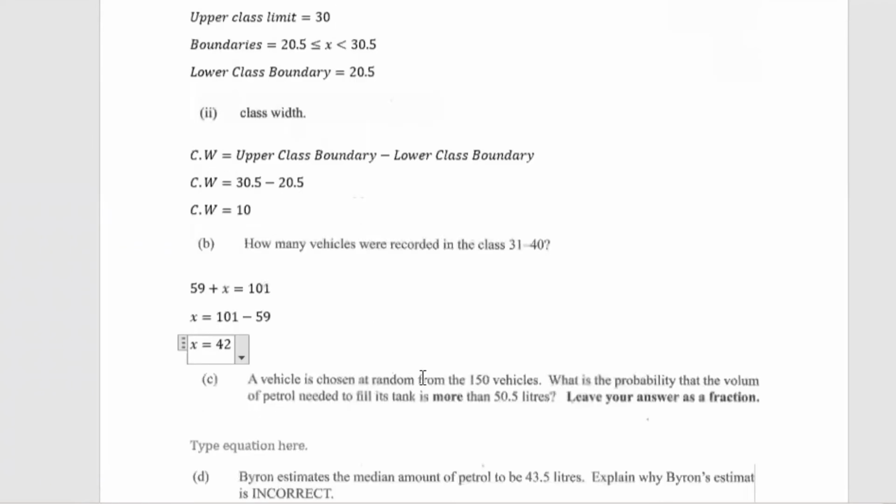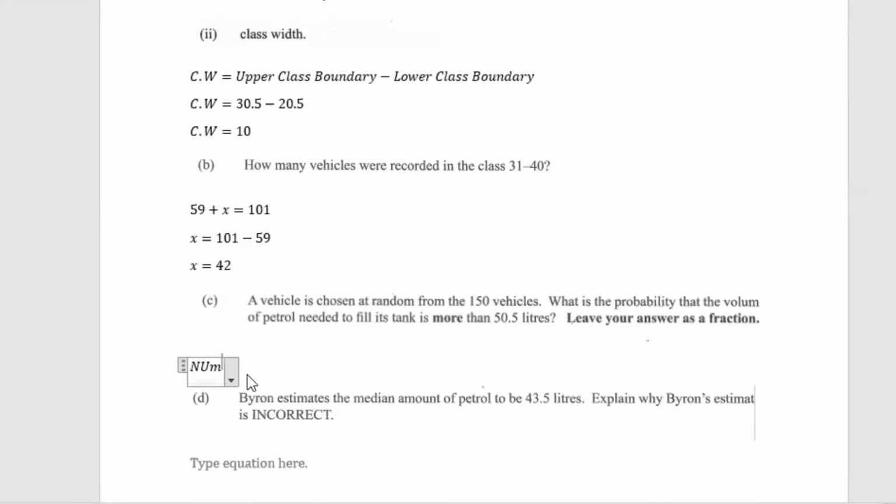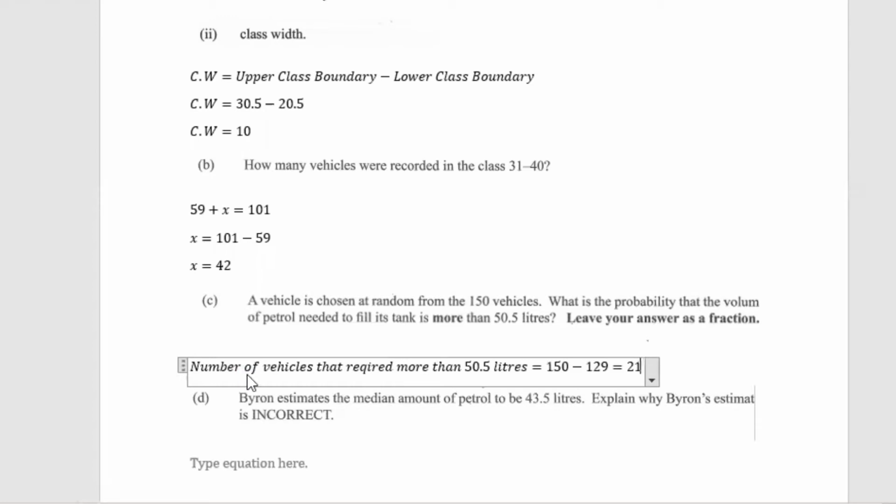So the number of vehicles that required more than 50.5 liters would be equal to, subtracting the cumulative frequencies, 150 minus 129, which will give us 21. So 21 vehicles required petrol that is more than 50.5 liters.